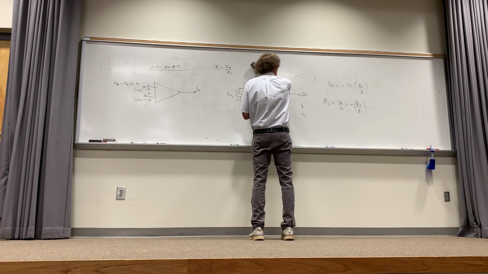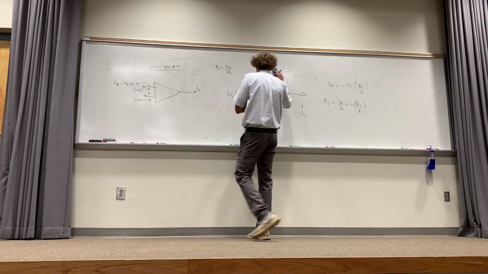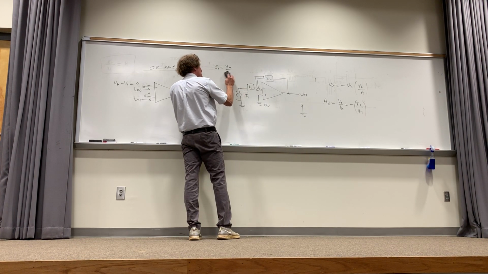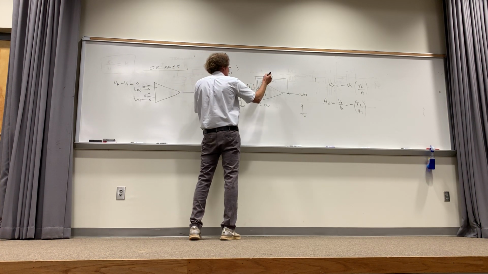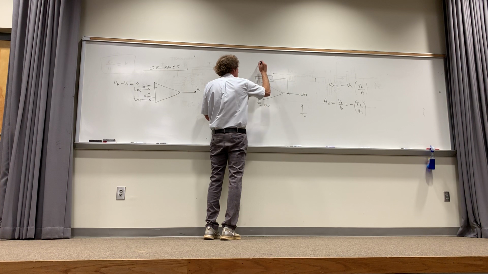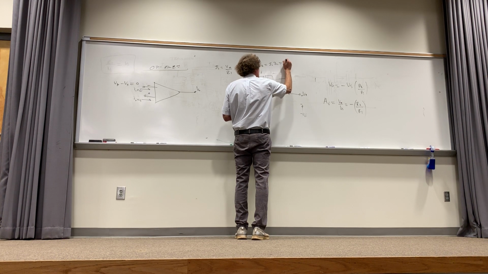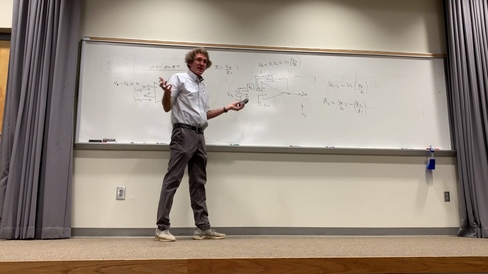Now, what I can get is this. Still, I1 would be Vs over Z1, right? And this voltage right here, V2, would be I2 times Z2, or really Vs times the ratio of Z2 over Z1. You all agree with me?